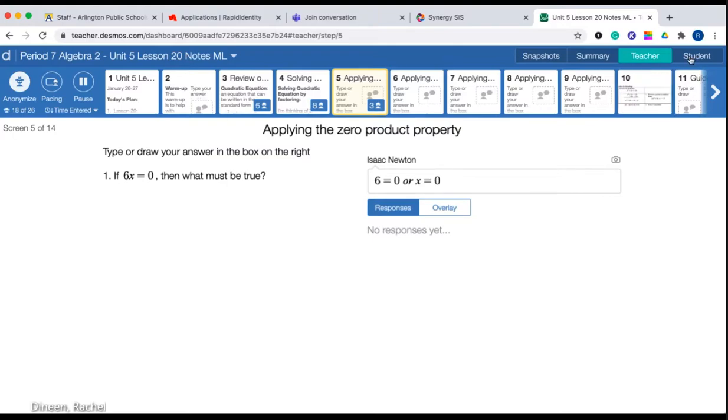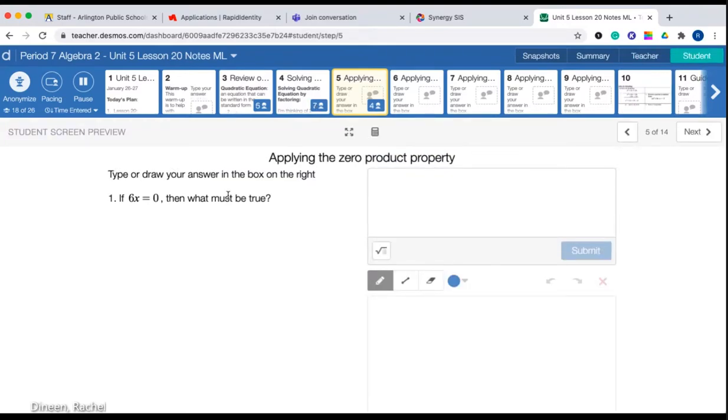Type or draw your answer in the box on the right. If 6x equals 0, what must be true?